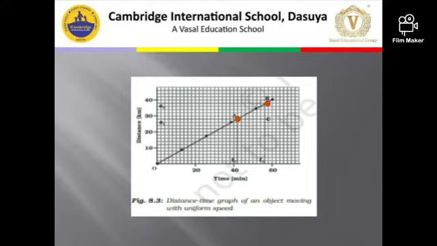From this point A onto the y-axis, I will mark a point where I will write S1. And from B onto the distance axis, I will write S2. These are the two distances, S1 and S2.